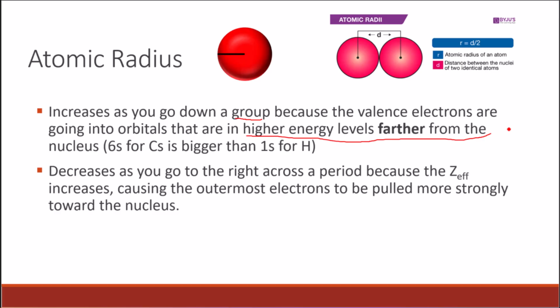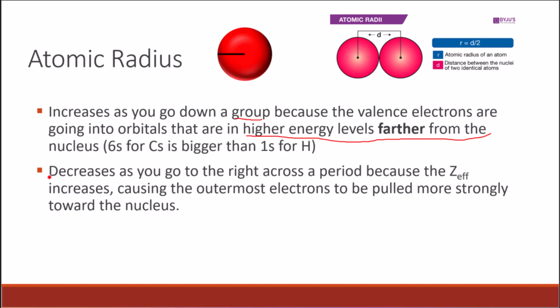That ball is at a higher energy level over your head than it was sitting on the ground. Sitting on the ground, it was closer to the ground and at a lower energy level. So the farther the electrons are from the nucleus, the higher the energy level. So 6s for cesium is bigger than 1s for hydrogen. That's in the same group 1 over there, that family of elements.